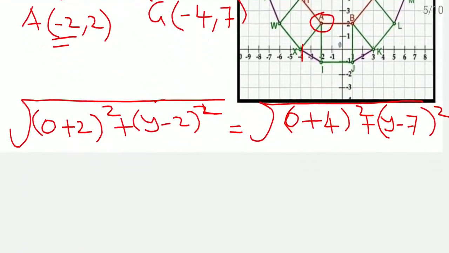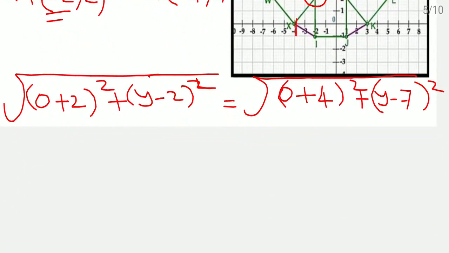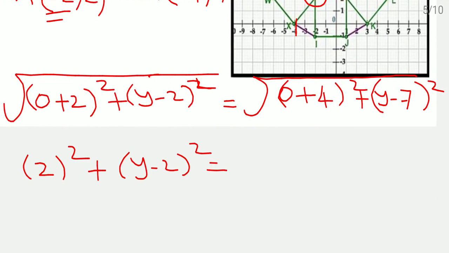Now from both sides, we will remove the square root sign by squaring both sides. Once we square, the square root sign will go. So this is 2 squared plus (y minus 2) squared, equal to 4 squared plus (y minus 7) squared.